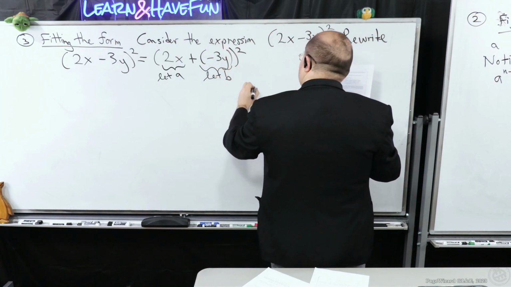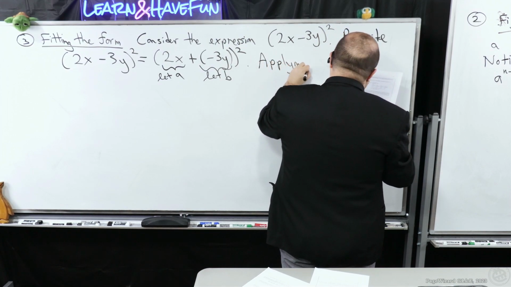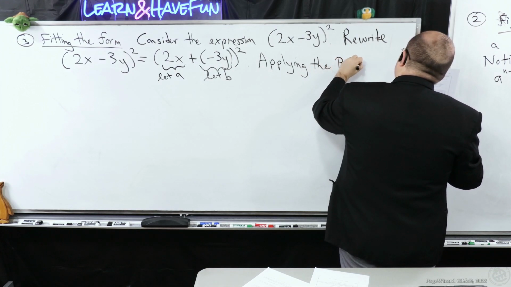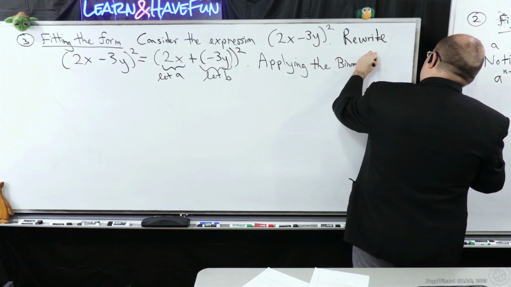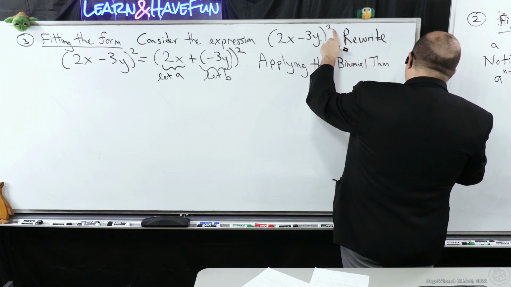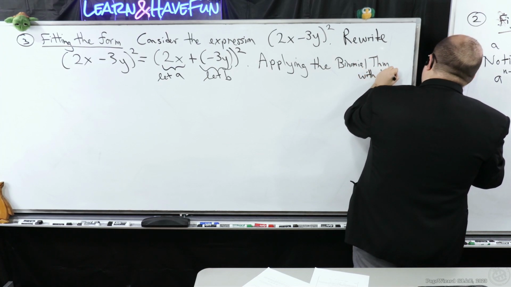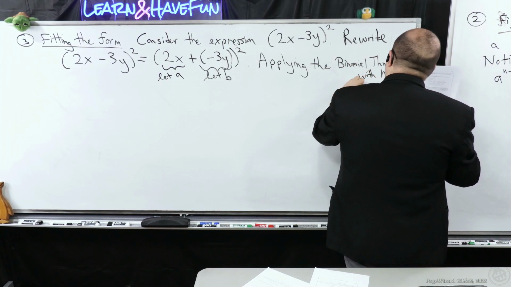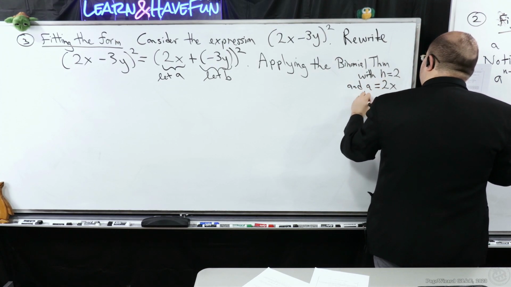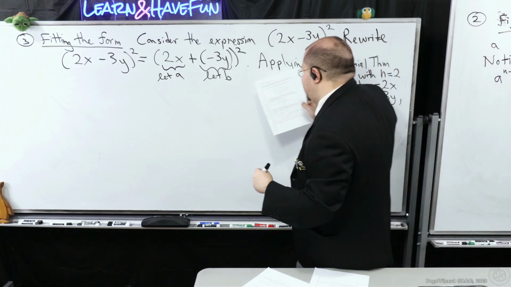So applying the binomial theorem, and we're going to use it when n is equal to 2, right? Because the exponent was 2. With n equal to 2, a equal to 2x, and b equal to minus 3y, we end up with this.